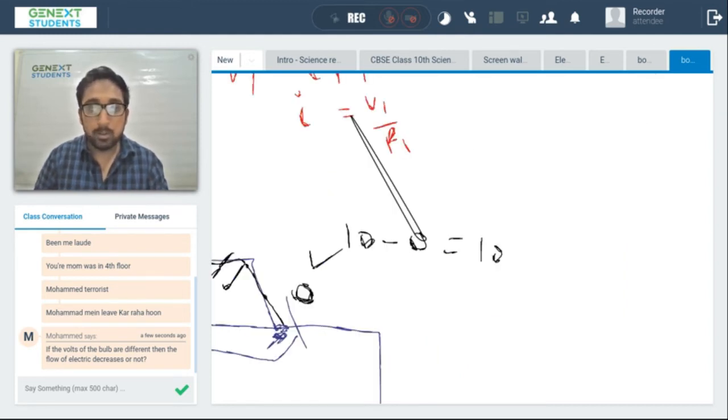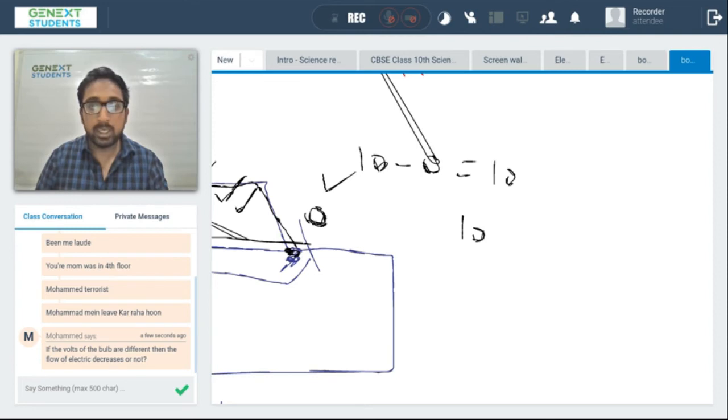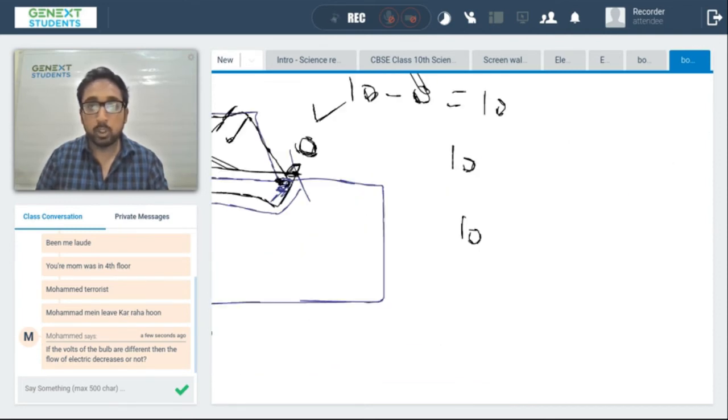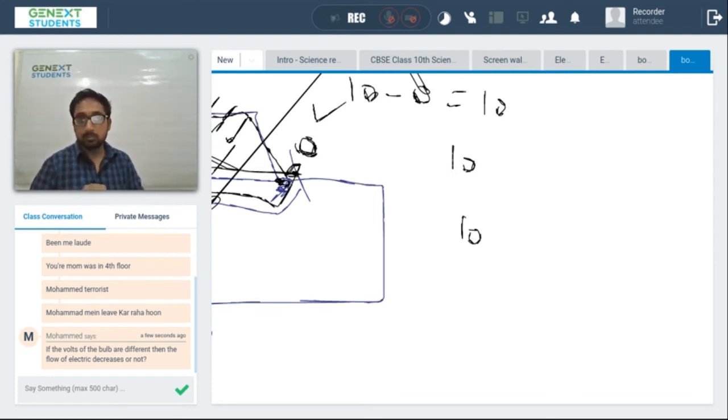And for this path, again, the higher potential is 10, the lower potential is 0, therefore 10 volt. Here again it is 10. So in all the three resistances, or all the three values of bulb which is being held there, the potential difference is the same.